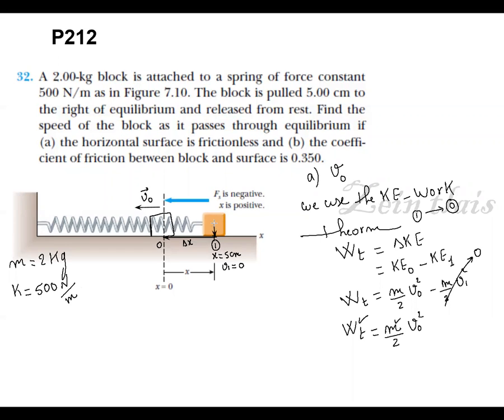To find the total work, what do we have on the object? Here we have mg down, we have n up, and we have Fs to the left.